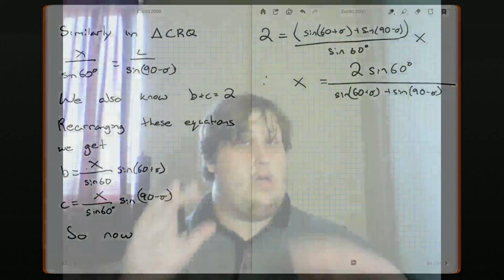Okay, so we achieved one of our goals. We now have x in terms of that angle sigma. Okay, and sigma starts at 0 and goes all the way to 30, and so S passes from AC onto AB, and we think that should be a straight line. Now all we have to do is compute SD in terms of sigma and show that the sigma doesn't really contribute to the calculation. So we should get a bunch of cancellations.